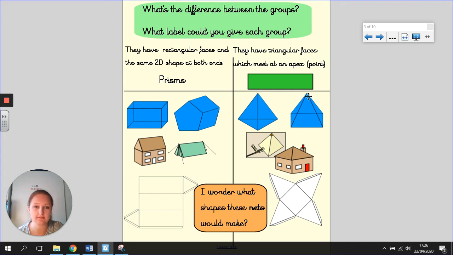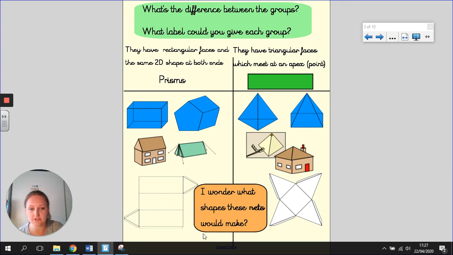They would either have a triangular base if there were 3 triangular faces around the side, or a square base if there were 4 triangular faces around the side. I wonder what 2D shape would be on the base if we had 5 triangular faces.